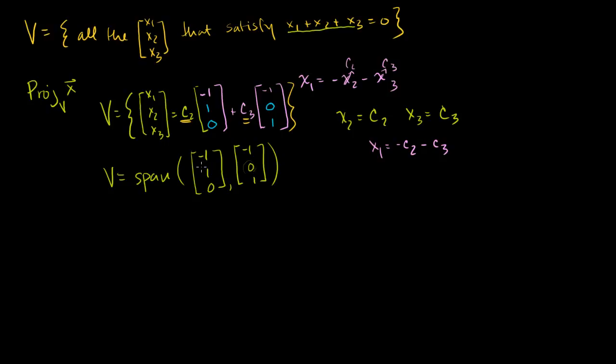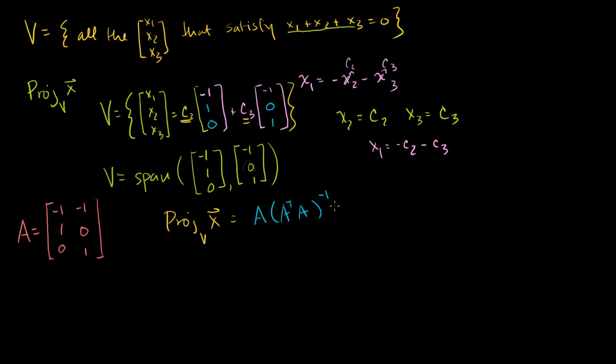Given that, using the technique we did before, we could set some matrix A equal to the columns minus 1, 1, 0, and minus 1, 0, 1. Then the projection of any vector x in R3 onto V is going to be equal to A times the inverse of A transpose A, all of that times A transpose, and all of that times x.